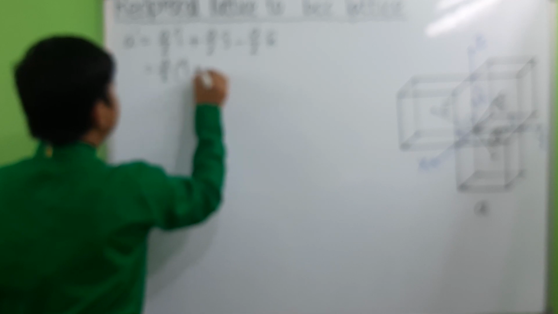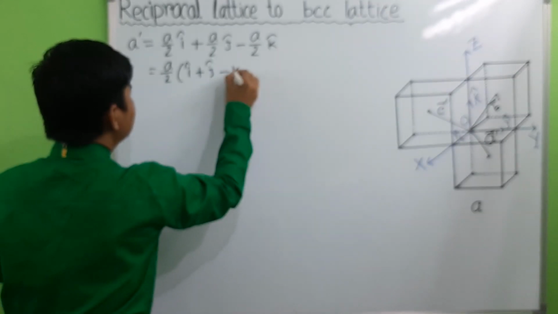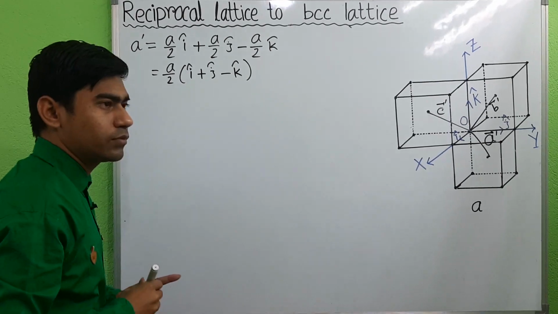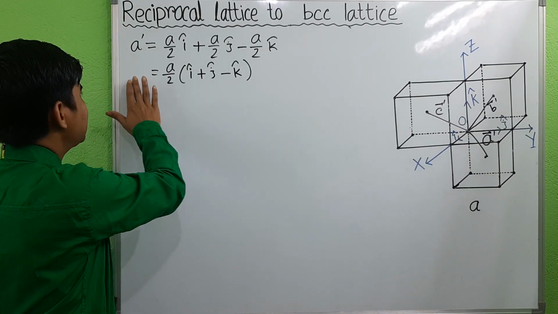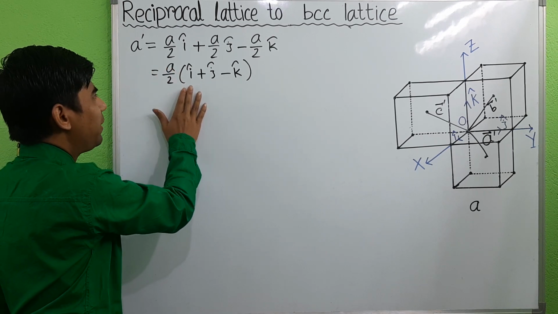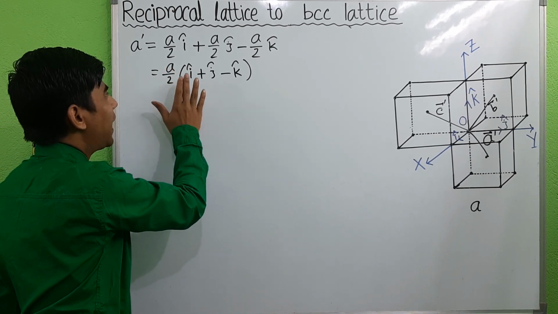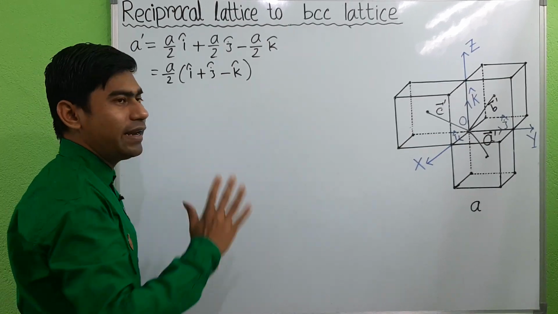So this equals a by 2 times (i cap plus j cap minus k cap).